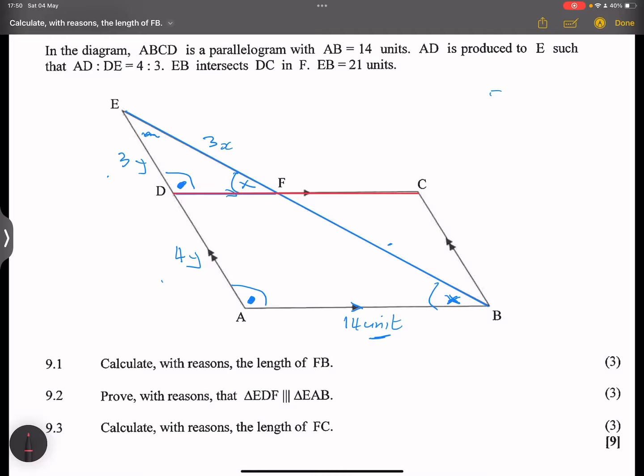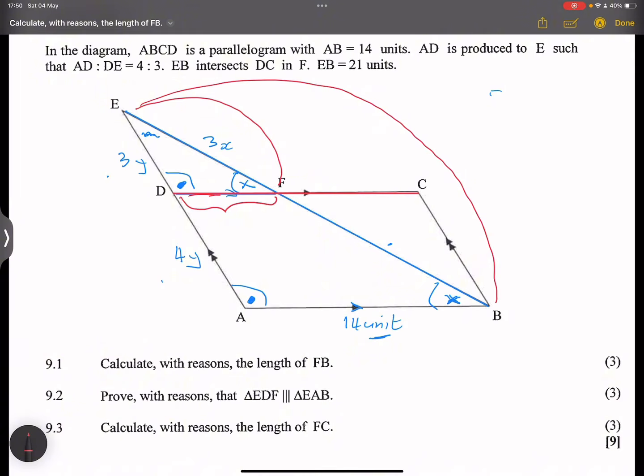So all I'm going to do now is try to find the length of DF, right? Now DF is in the smaller triangle, all right? I'm just going to do it over here. So I know that the smaller triangle divided by the bigger triangle, right? So that means what would be the ratio?